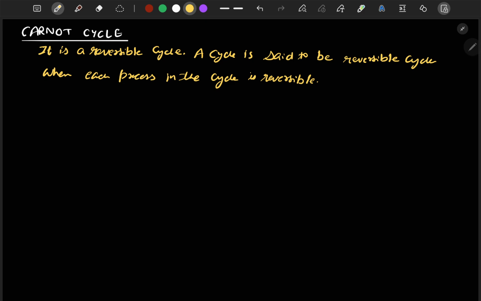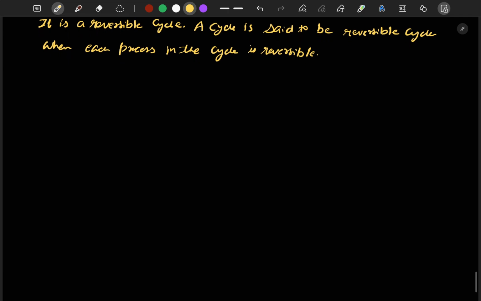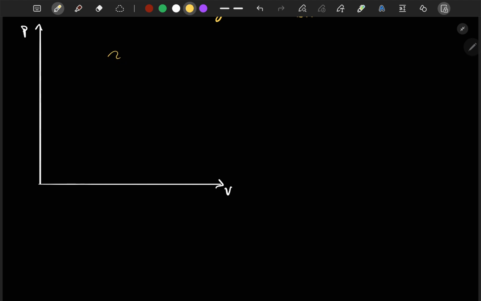So we will draw the Carnot cycle on a PV diagram, and I will explain all the processes which are occurring. Let me draw it. This is the P axis, this is the V axis. You know from the previous discussion that the slope of an adiabatic curve is greater than the slope of an isothermal curve on PV axes. So that will be used here.